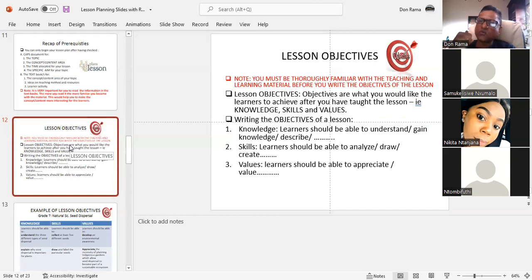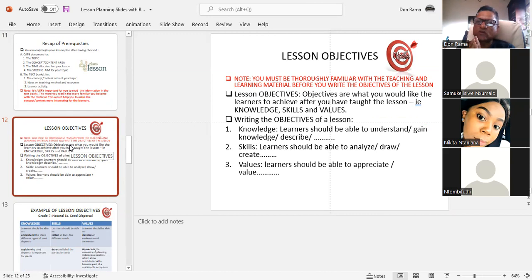Because when you know your subject well, that gives you the confidence to stand in front of the class and deliver your lesson. If you are not familiar with your lesson, then you are going to be less confident. It is going to show in the classroom, and the learners will pick it up.